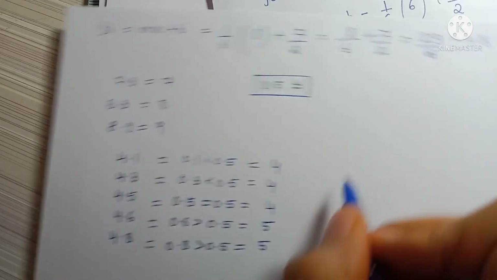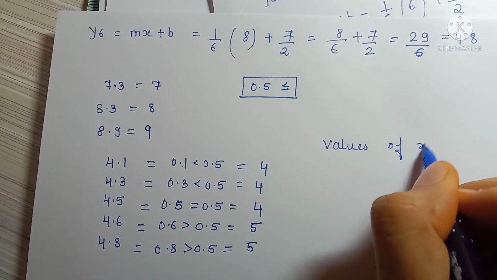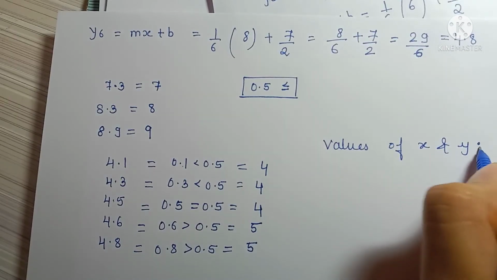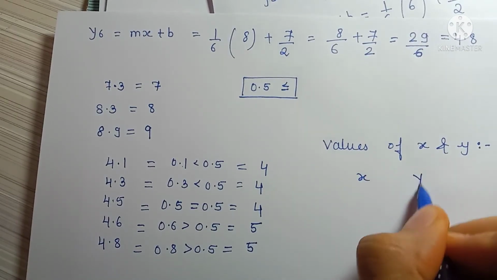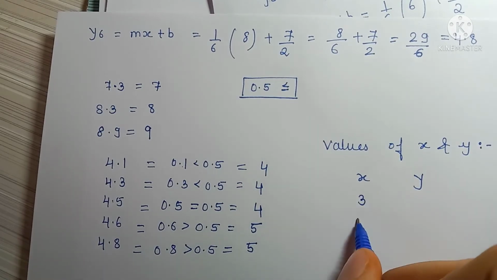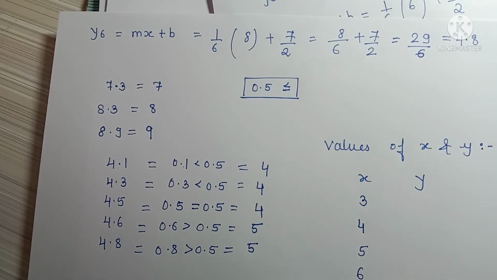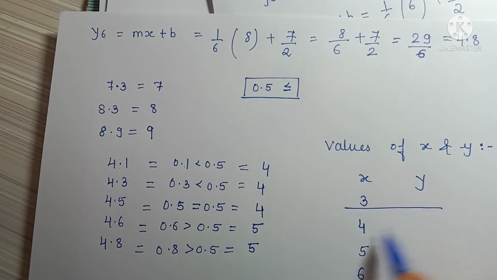So for the above question, the values of x and y. What are the values of x and y? What was x? 3, 4, 5, 6, 7, 8, 9. These were the values of x.